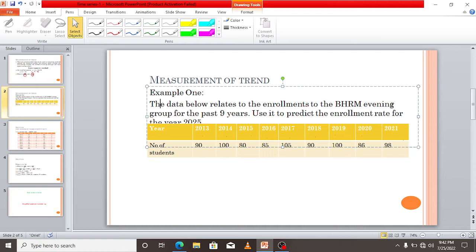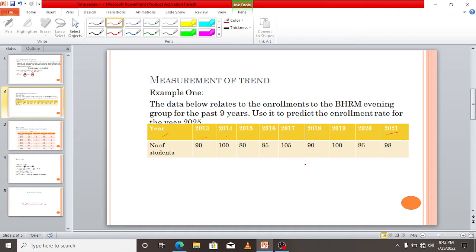Okay, so we have here year from 2013 up to 2021, and then we have the data given, which is the number of what? The number of students.